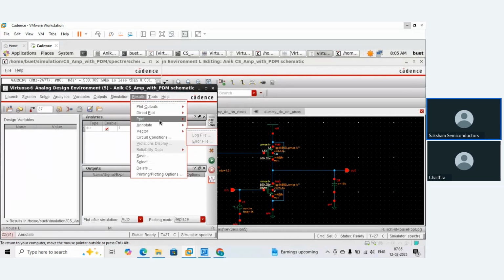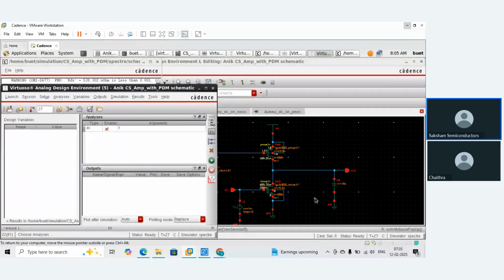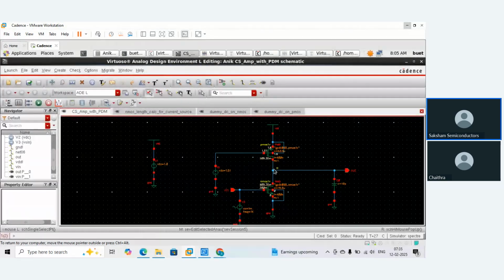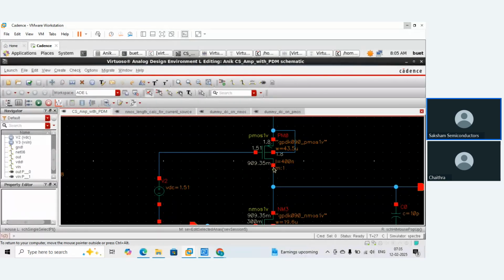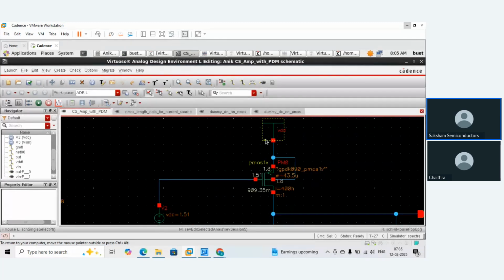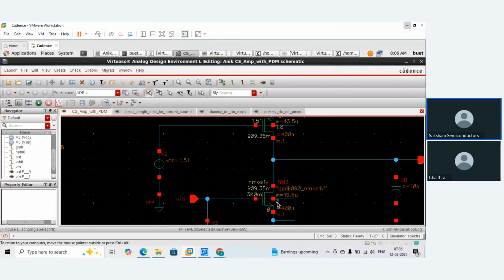Once the dummy DC analysis is done, all the node voltages can be seen over here. And like I told, the potential should be divided. So this was 1.8 volt, and here I was telling it will be coming down to 0.9, that is 900 milli. And if you see 909.35, that means the potential is being exactly divided by 2.